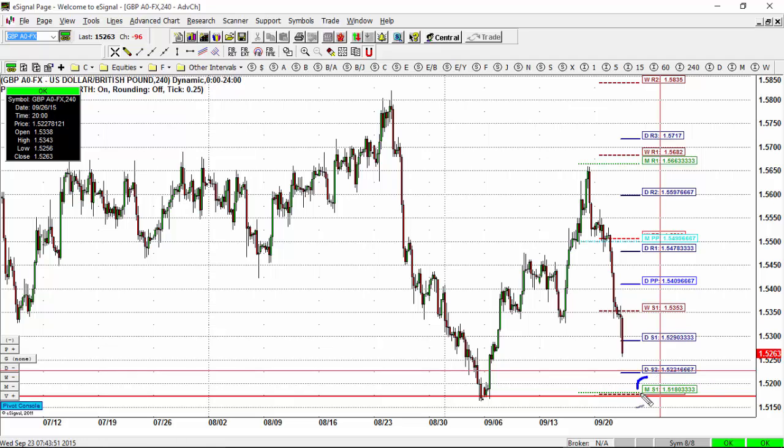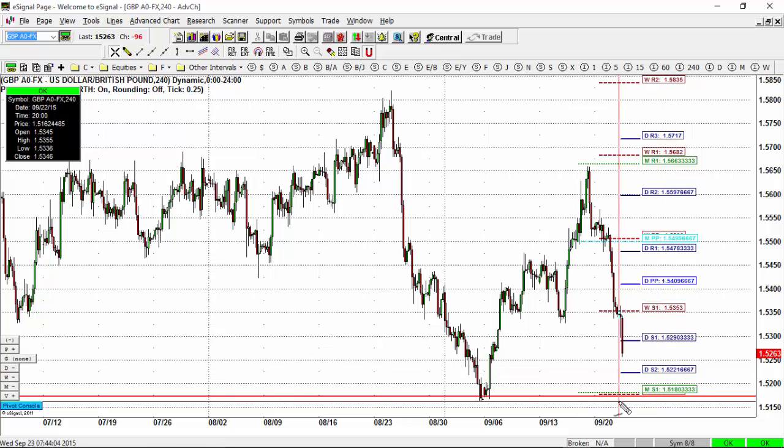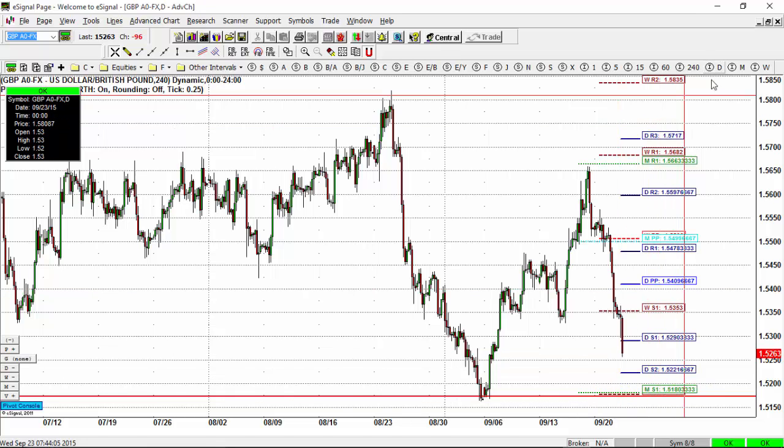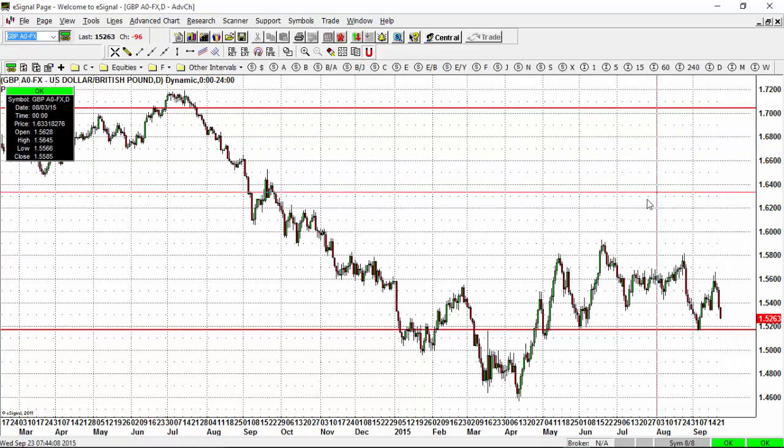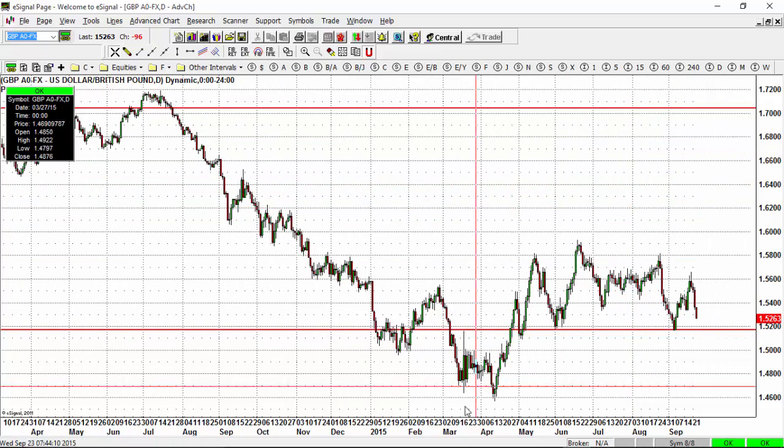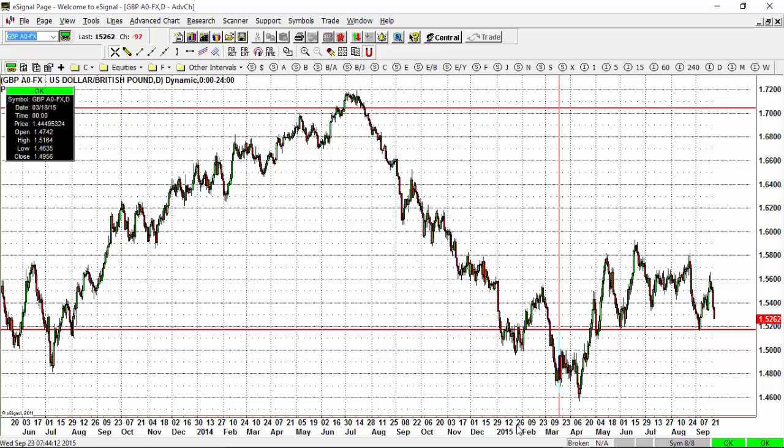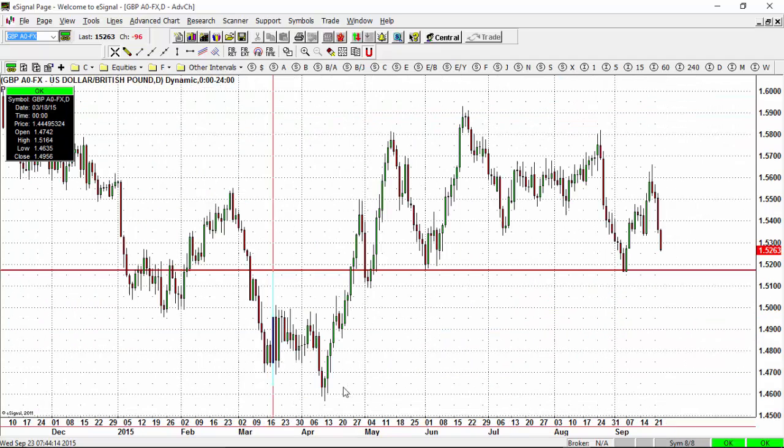This is our monthly S1 here in green, and the weekly S2 is also at this point in time. So this is what we call a confluence of support points, and we are going to see if the market can break below this area of support. And as I said, if it does close below that area of support, that would be fairly bearish for this currency pair.